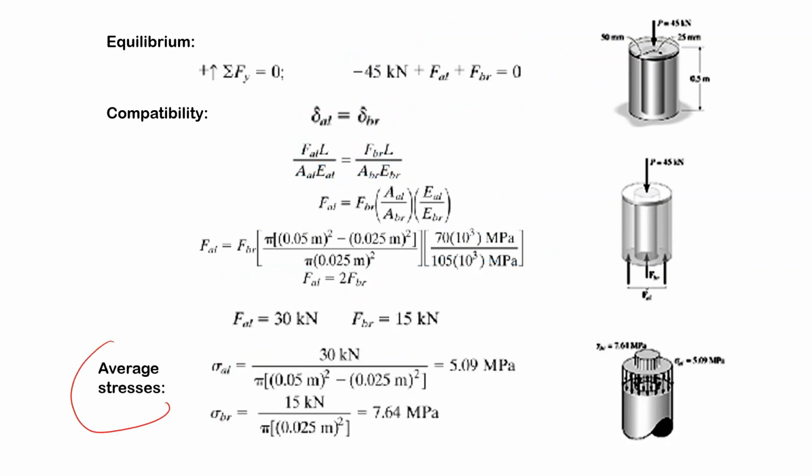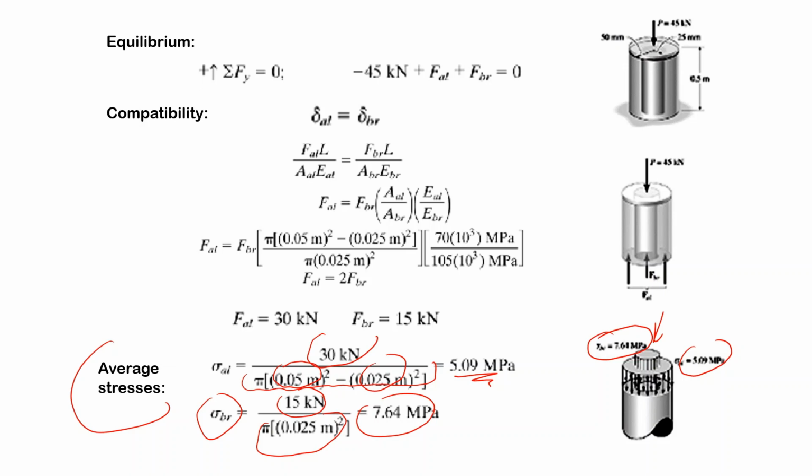In order to find the average stresses, the force on aluminum pipe, the cross-section of aluminum pipe, outer radius, inner radius, the calculation gives 5.09. For brass, force divided by the area gives you 7.64. So in the middle I have a stress of 7.64 on the brass and 5.09 on the pipe.